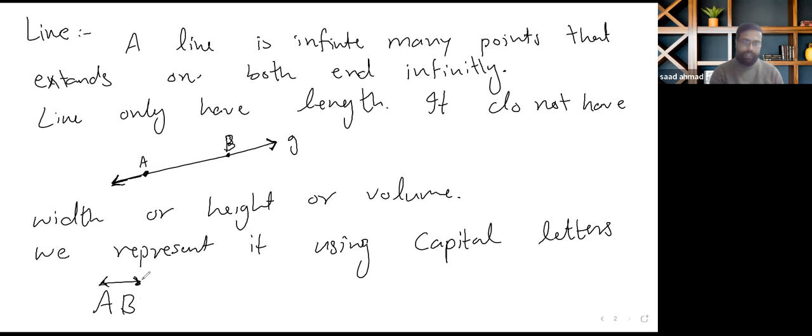This represents the line AB, right? Or we can also write it as BA. It does not matter. You can use any 2 points, 2 capital letters, AB or BA. Or we can also use the small letter g. This letter g is also representing the line. Okay.